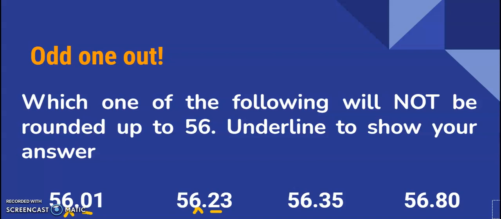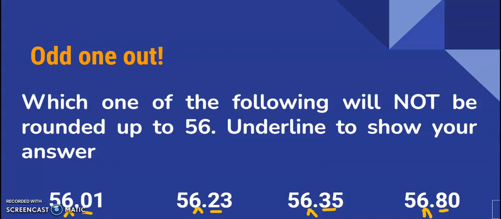Let's move to the third number given. Again, I make an arrowhead to show my target digit. I underline the digit to the right, that is 3. Again, this is 4 or less, so my number will stay the same and it will round off to 56. Let's move to the last number given. I make an arrowhead to show my target digit and then I underline the digit to the right.